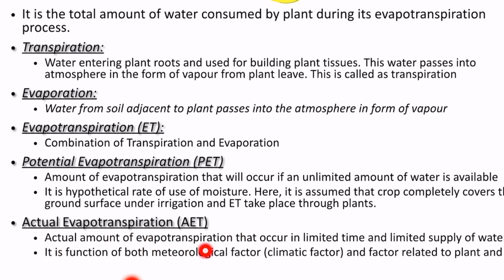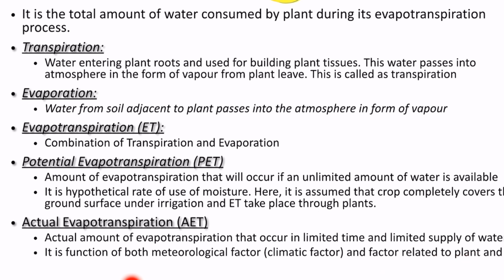The actual amount of evapotranspiration that occurs in limited time and limited water supply is called the actual evapotranspiration, right? It is a function of both meteorological factors and factors related to plant and soil, like the actual scenario.